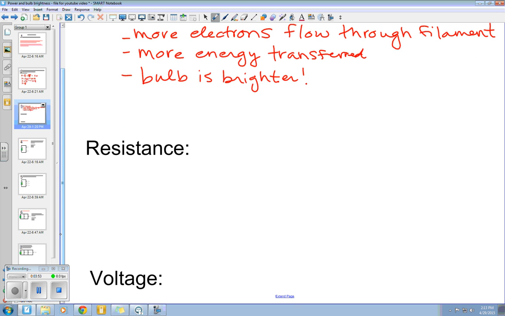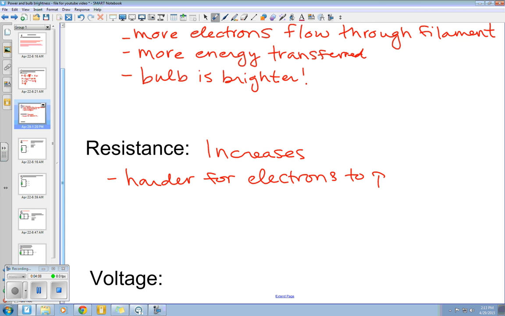Now let's talk about resistance. If resistance increases, then that means it is harder for the electrons to pass through. And it's harder because the electrons make more collisions. And we know that with every collision, they're transferring energy.